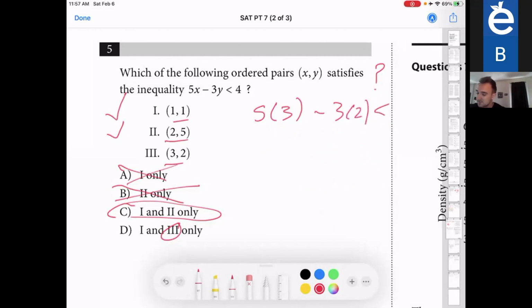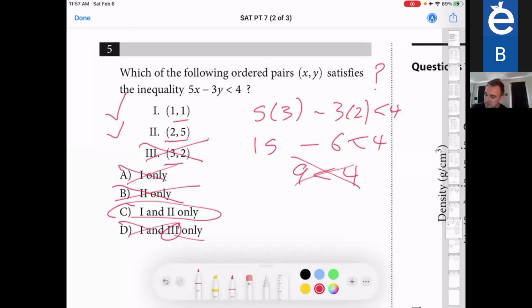Is that less than 4? 5 times 3 is 15, minus 3 times 2 is 6, less than 4. 15 minus 6 is 9. No, 9 is not less than 4. That's not true. So this one does not work. So 1 and 2 do work. Answer here is C.